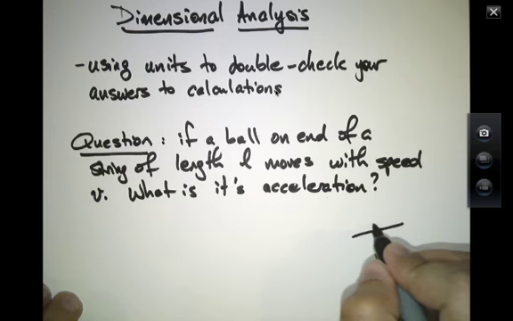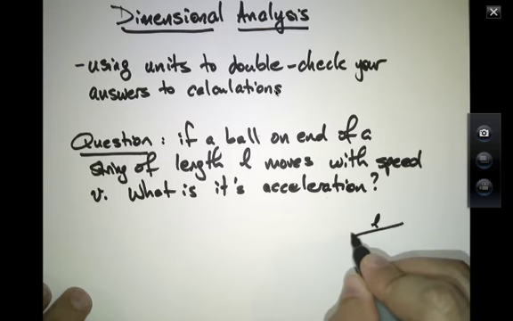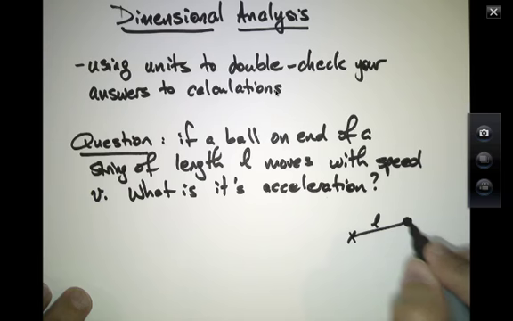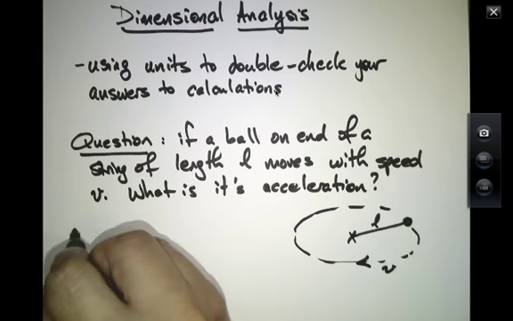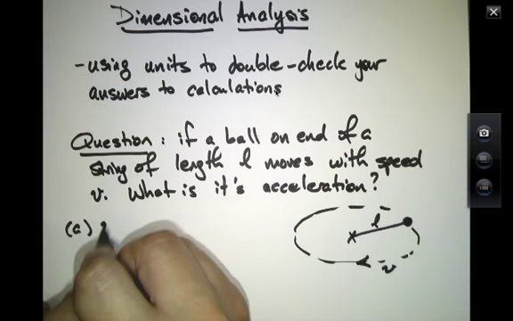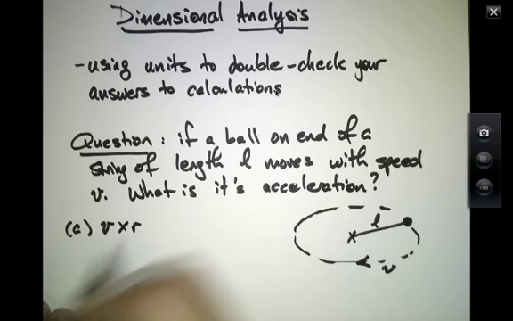So if we imagine here now a ball moving on the end, like a tether ball, moving around in a circle with the speed v, you could be asked to differentiate between the following answers.